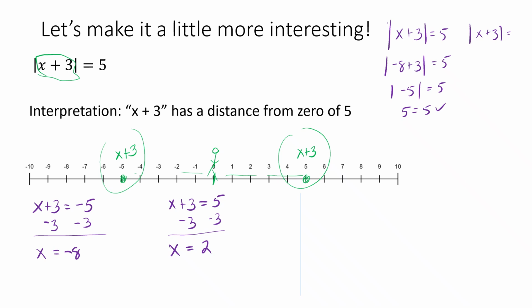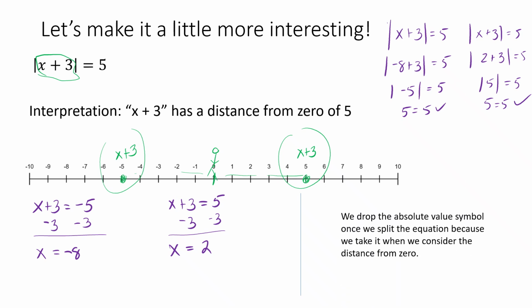The other solution also works. So if I plug in a 2, 2 plus 3 is 5, and the absolute value of 5 is 5, and once again, it is true. Now, I would not expect you to check every answer, but we don't want to lose sight of what it is that we're doing. We're finding the value of the variable that makes the equation true, and both -8 and 2 will result in a true statement.